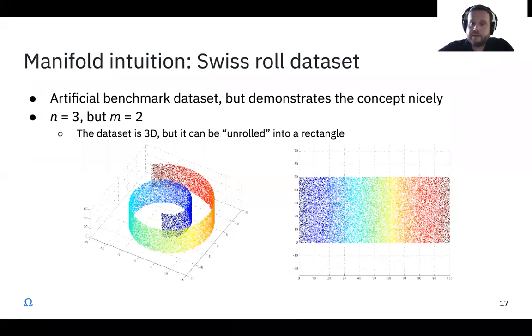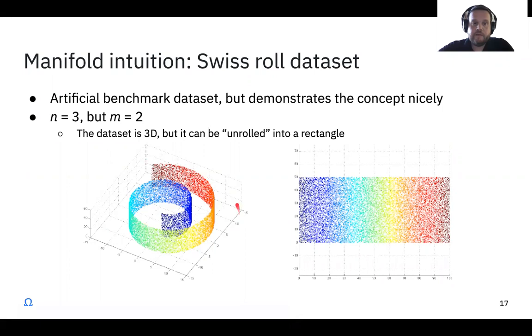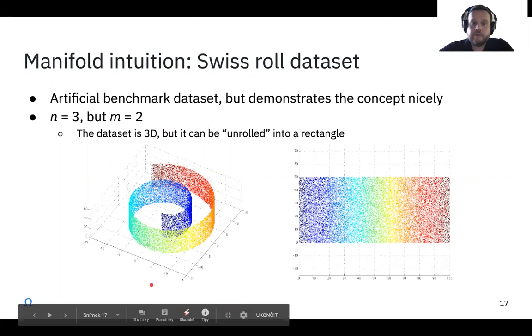But I believe that it demonstrates the concept very nicely. This is 3-dimensional data. You see that the roll is 3D, but m, the manifold dimensionality, is actually 2, because you can unroll the roll into a rectangle. So this rectangle captures exactly the same data as this roll.